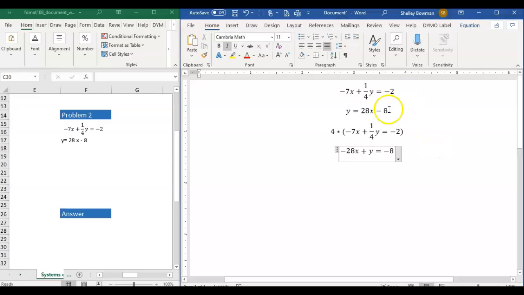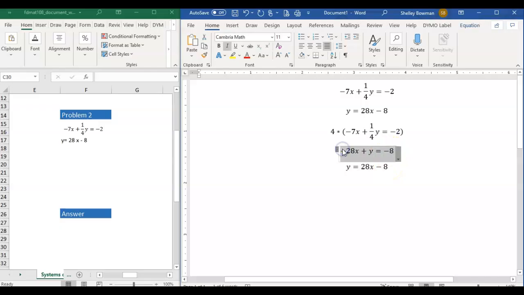Okay, so now I have this equation here and this equation here, and I can go ahead and substitute because this is already solved for y. So I can take all of this and substitute it in for this y, which makes it go pretty fast.